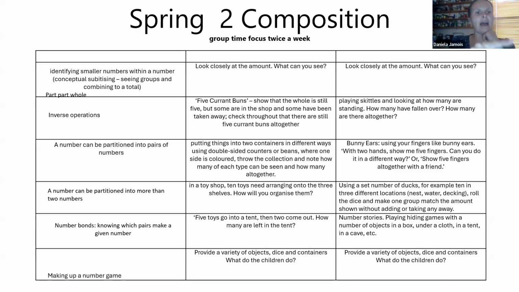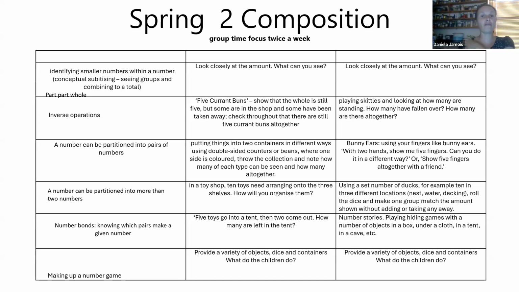So if we looked at the third week, where you're saying a number can be partitioned into pairs of numbers, the activity you might do with the younger children is you might put things into 2 containers in different ways. So a bit like the 5 frame and the basket, or you might have 2 baskets, or you might even have double-sided counters or beans where one side is colored, throw the collection, and then see how many of each type you can see.